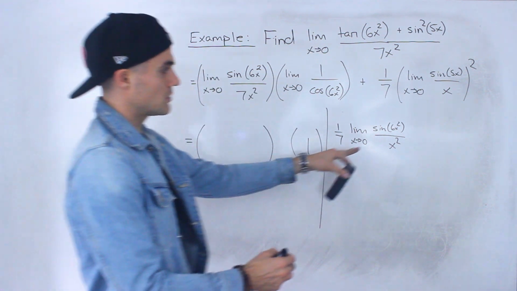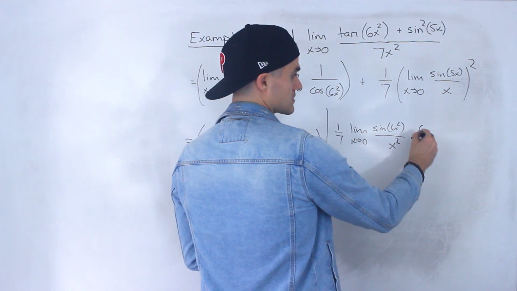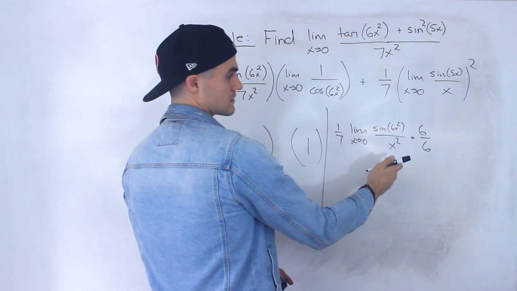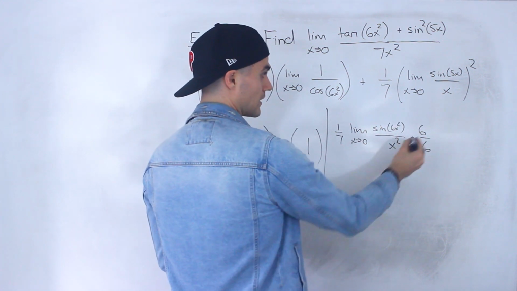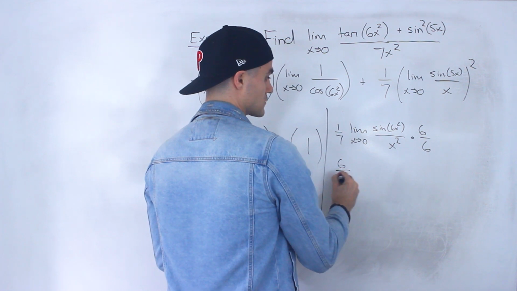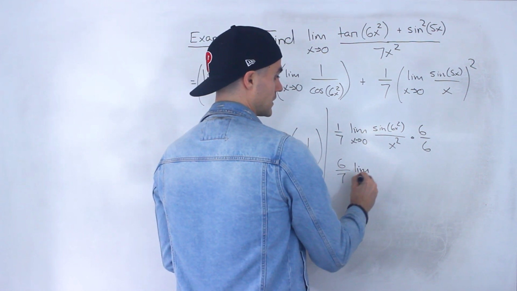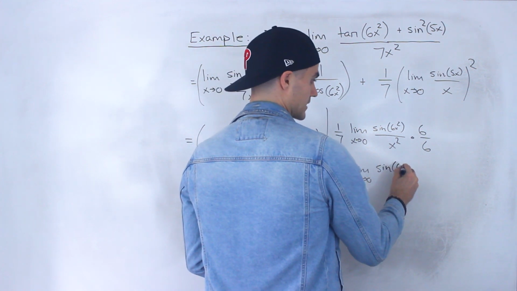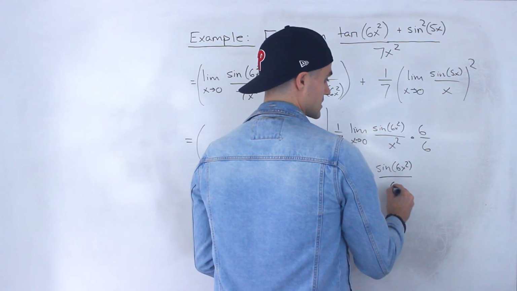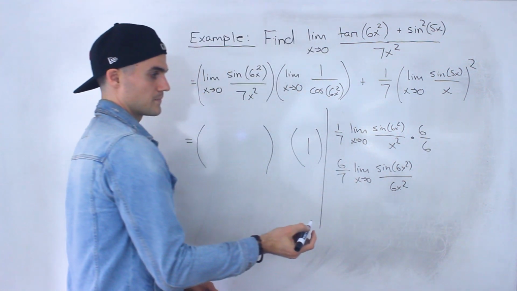I'm going to multiply this by 6 over 6, so I can get this 6x squared the same as that 6x squared. This 6 I'm going to bring out, so I'll have 6 over 7, then the limit as x approaches 0 of sine of 6x squared over 6x squared.